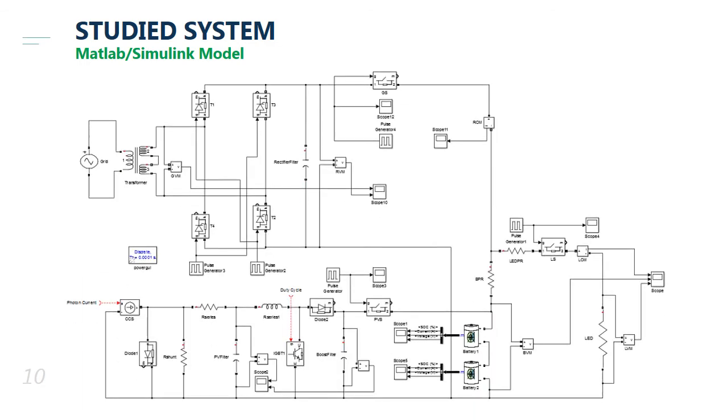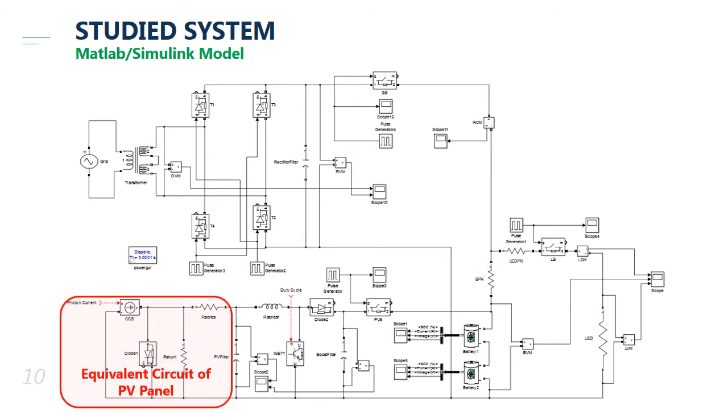In this slide, we give the overall model of the studied system. It is built with the help of MATLAB Simulink software. It consists of 6 parts. This one is a one-diode equivalent circuit representing the PV panels model. It has the objective of converting the sun radiation into electricity.